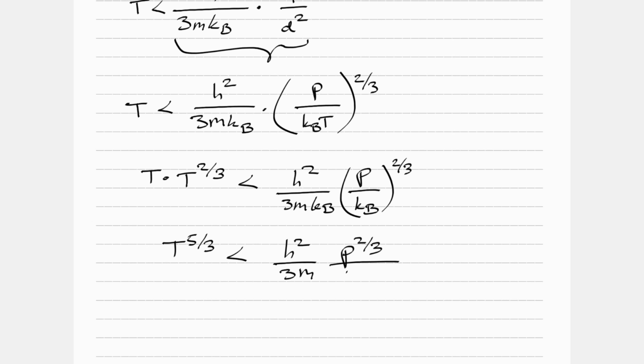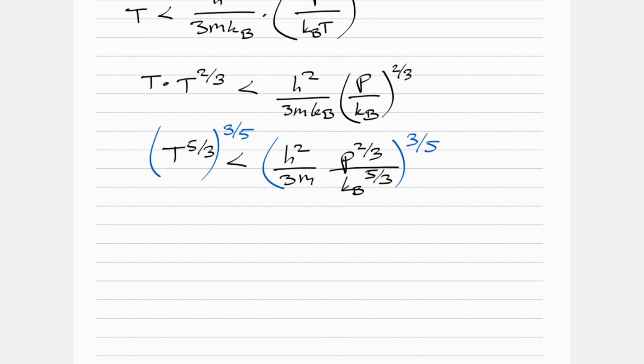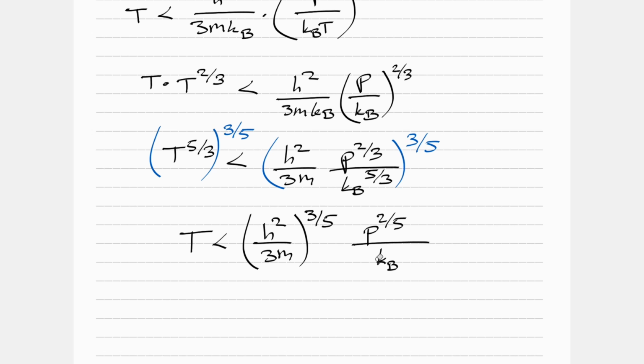We can do the same thing with our kB, that's kB to the 5/3. Then we just need to undo that, so we put everything to the 3/5 power. And we get that T is less than h squared over 3m to the 3/5 power, and then we have P to the 2/5 over kB by itself.